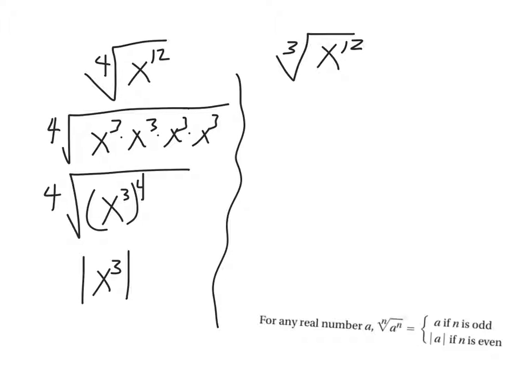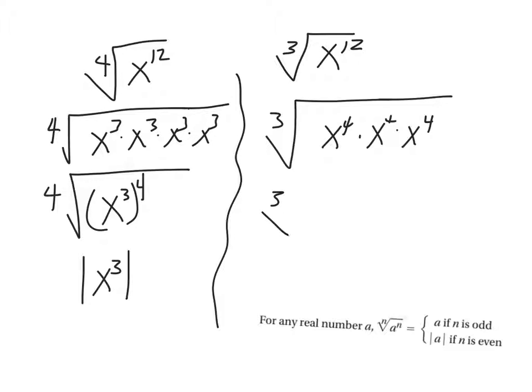Alrighty. Likewise, if I want the cube root of x to the 12th, that's really like x to the 4th times x to the 4th times x to the 4th. If you think about it this way, like we did before, that's x to the 4th, cubed.